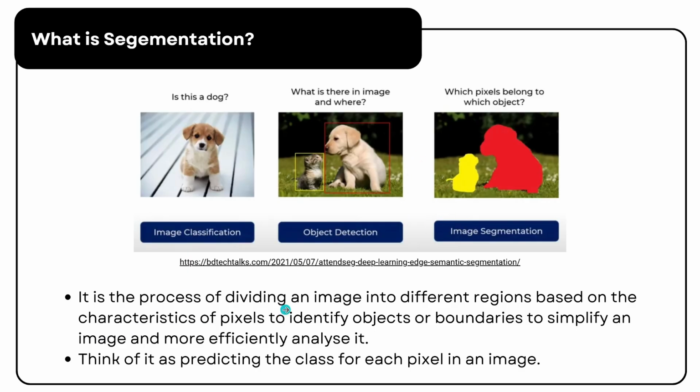It's the process of dividing an image into regions based on the pixel characteristics. This allows the model to analyze the content more precisely. Think of it as predicting the class label of every pixel in the image rather than just providing a bounding box.